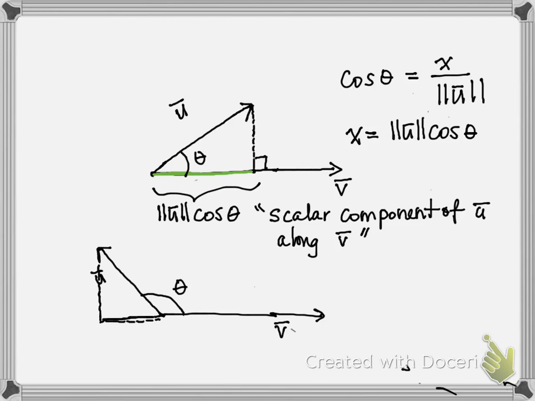So I'll highlight it. It's this. But this is still norm u cosine theta. Cosine theta is negative in this case, but that's just fine. So this is a negative number now.